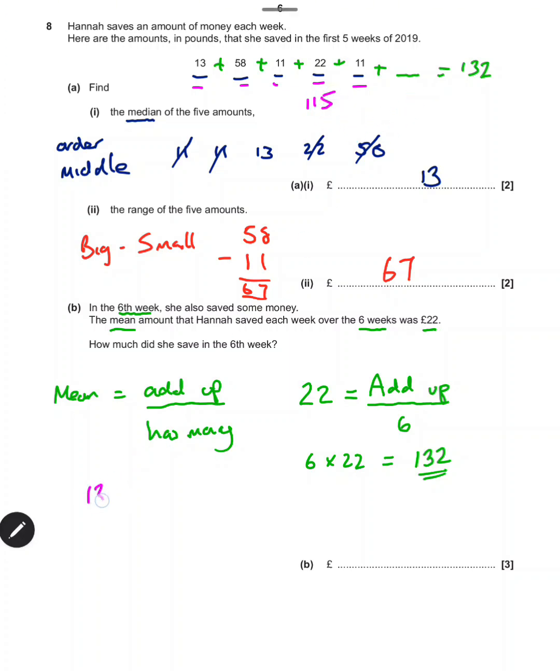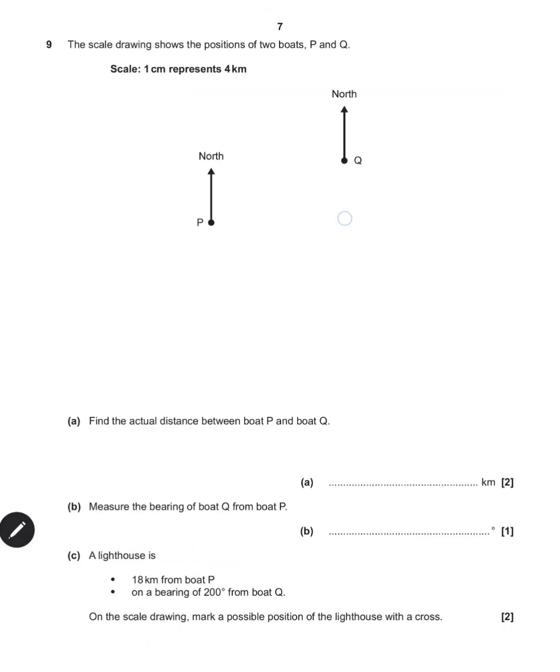I just need to do 132, take away 115, and I'll get this final number there. Work this through, borrow from there, you get 12 take 5 is 7, 2 take 1 is 1, and 1 take 1 is 0. That final number is 17.